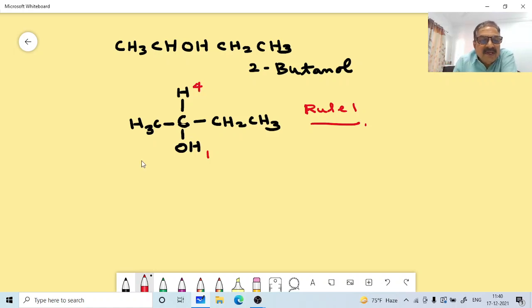Now we have to see between these two groups which will be 2 and which will be 3, whether the CH3 group or the CH2CH3 group will be 2 or 3. Here we have to apply rule 2.